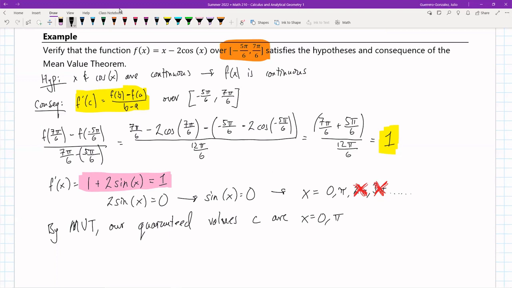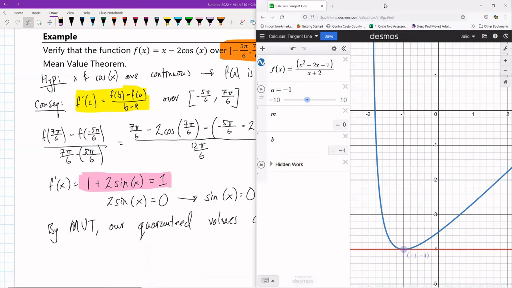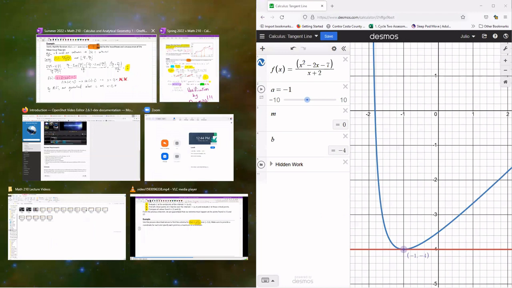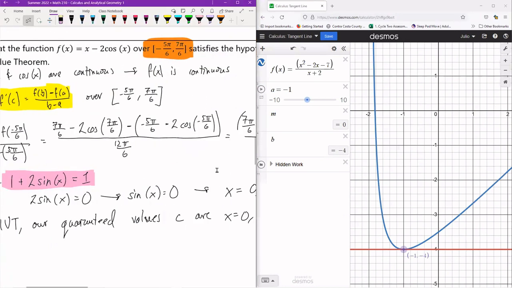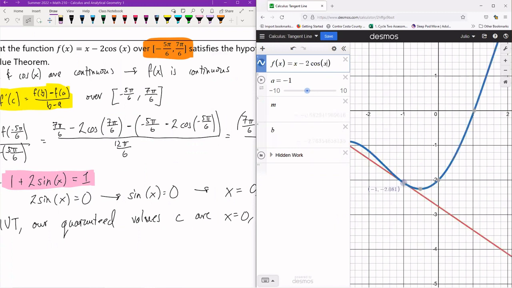Now I'm actually going to verify this, and the way I'm going to do that is, again, by Desmos. I'm going to open up my handy dandy trig thing, and do a split screen again, half and half. I'm going to put in the original function, x minus 2 cosine of x.